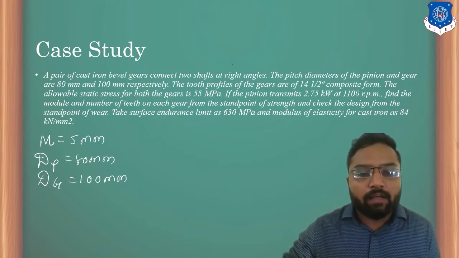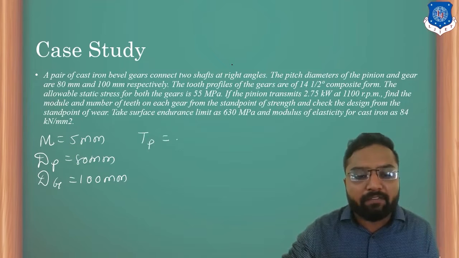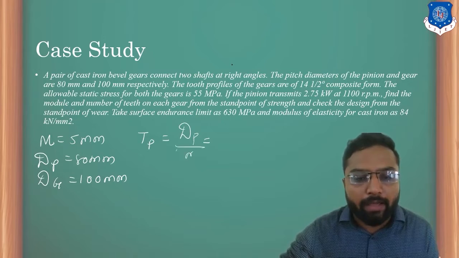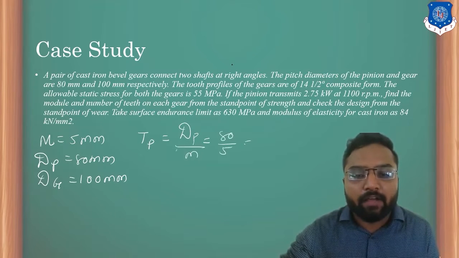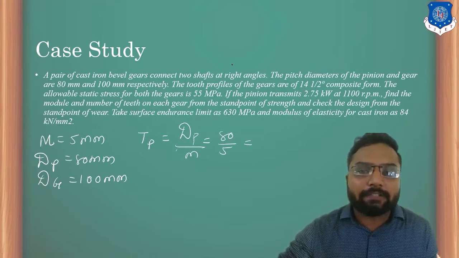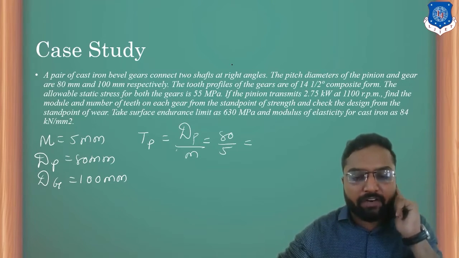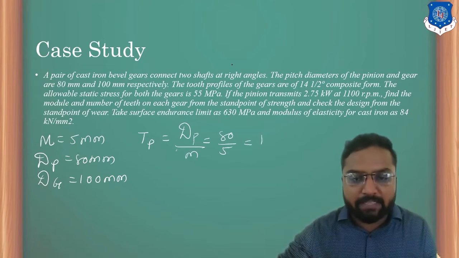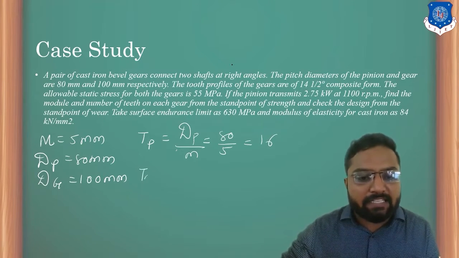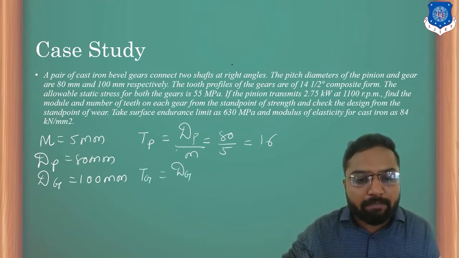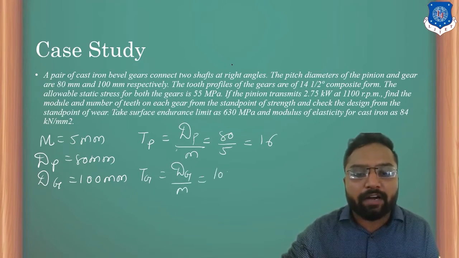So the number of teeth for the pinion will be dp by module, which is 80 by 5, which is 16, and for the gear, tg equals dg by module, which is 100 by 5, which is 20.